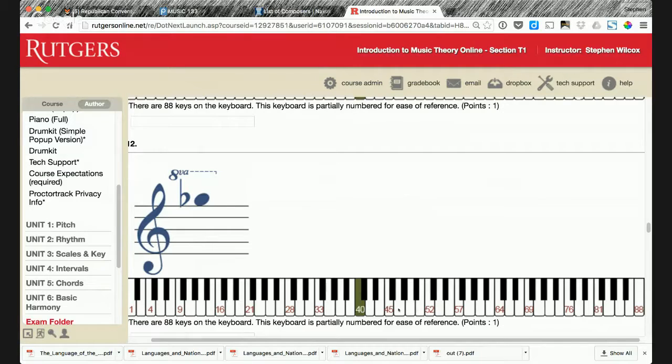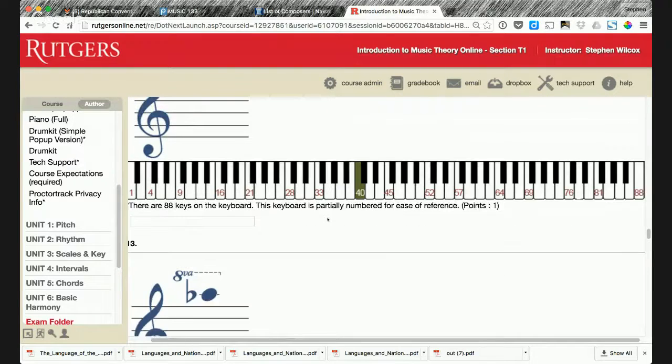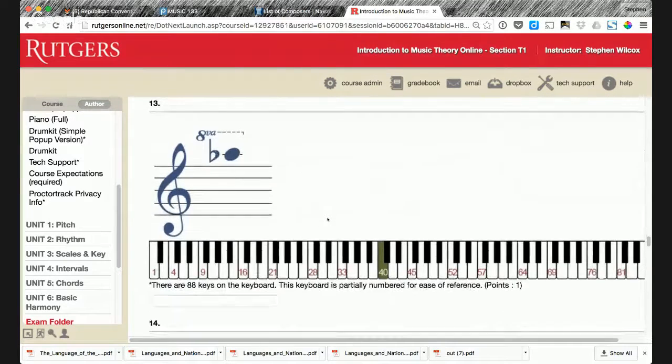So if we start on that G, we can go up an octave to G and then G flat, and then the ottava sign says to go another octave up. So this would be 70, right? Now, you can write that down if you want, but there's no guarantee that you'll get that identical question, but you certainly will get a similar question.